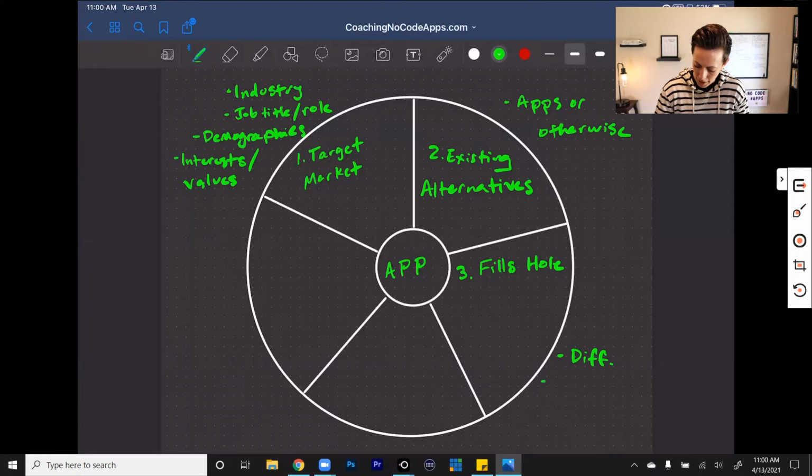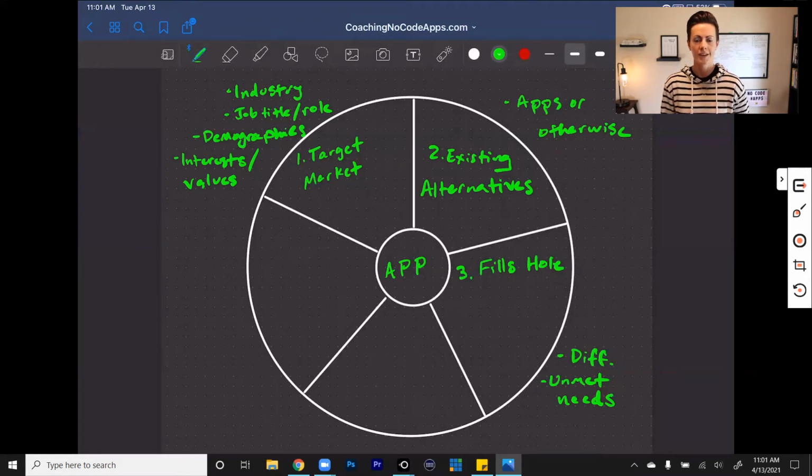And you want to look at unmet needs. Okay. And if you can find things like this, it's going to make it easier for you to convert users onto your app because you have an even more defined market. You've already have your target market. Now you've found some unmet needs or something that could be improved, and you're delivering that to them with your new solution.